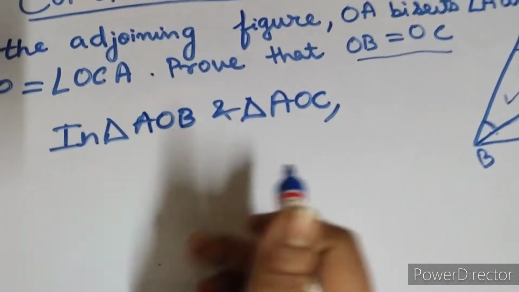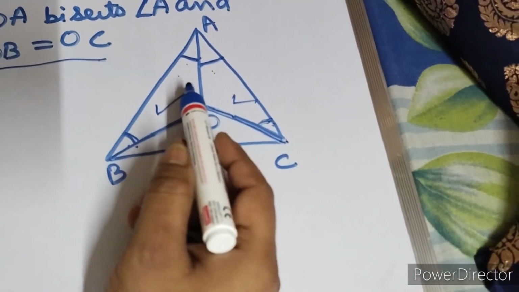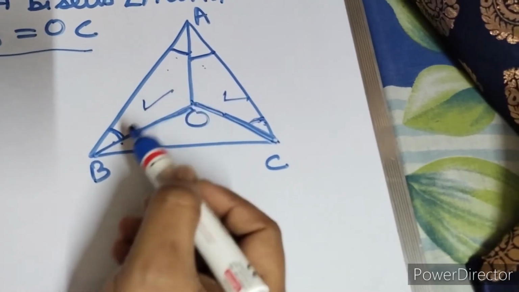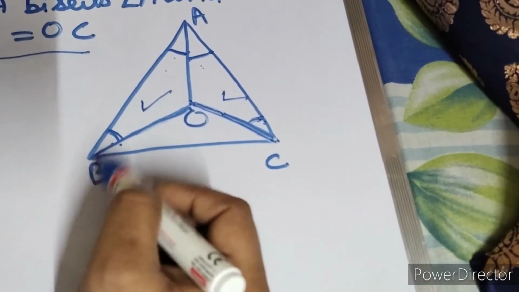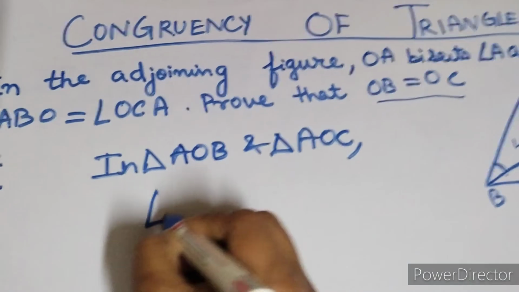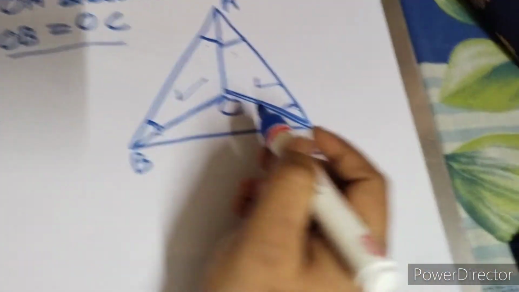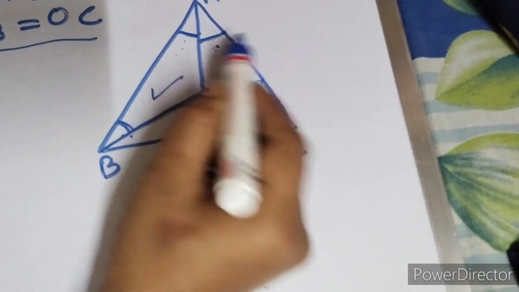See, I am writing the first triangle as AOB, so we have to take the corresponding angles also from AOB, angle or side, whatever. So firstly we write angle BAO will be equal to angle CAO, this angle.